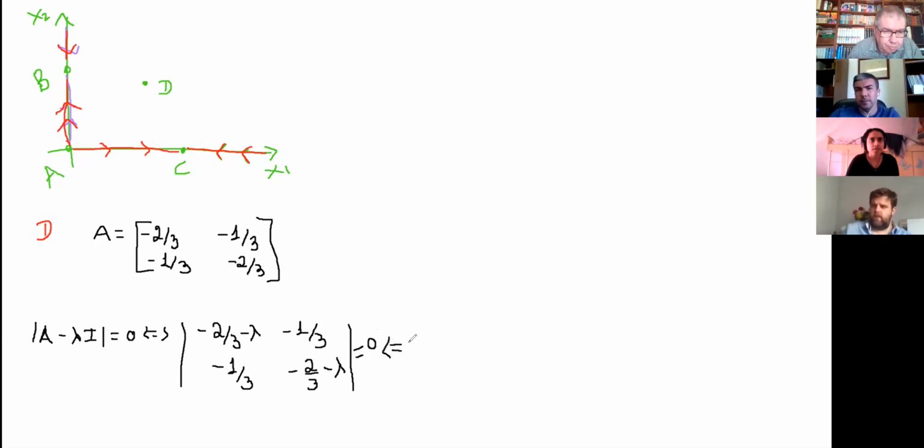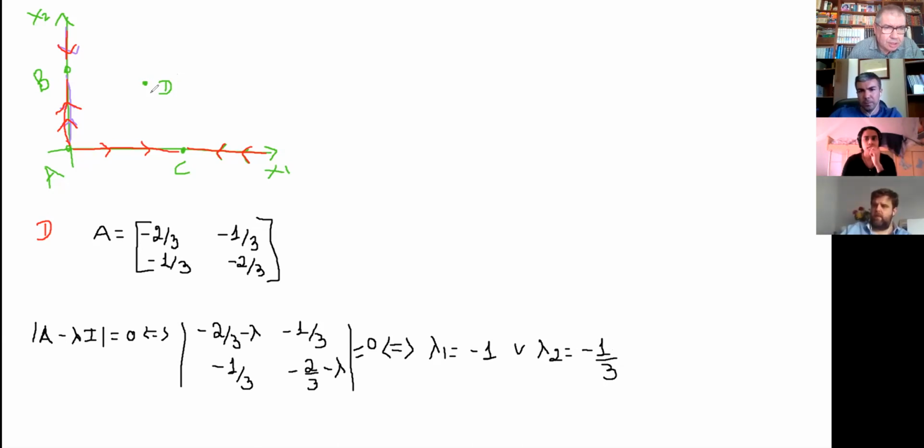And this gave me the values of lambda 1 equal to -1, and lambda 2. And since these values of the eigenvalues have a real part that is negative, we can conclude that point D is stable. So the solution goes to that point.